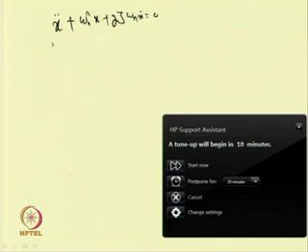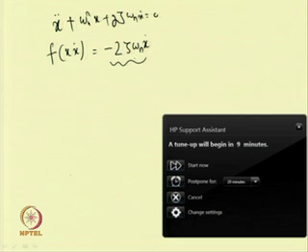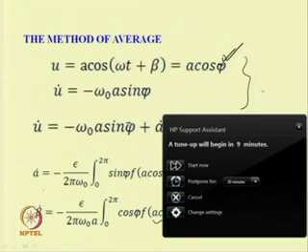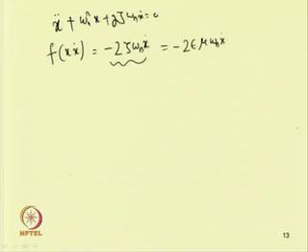So, in this case the function f of x, x dot is nothing but minus 2 zeta omega n x dot. This can be written using epsilon as minus 2 epsilon mu omega n x dot, and by substituting this in the A dot and beta dot equations, we can find the solution of the system.